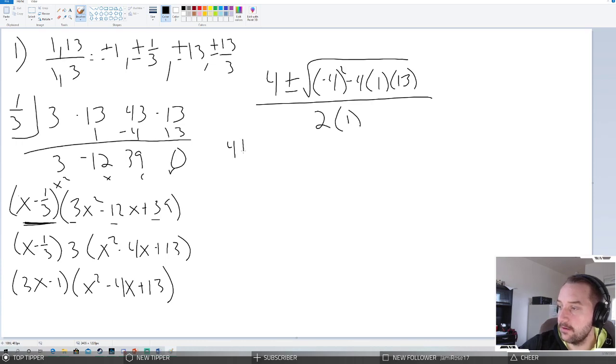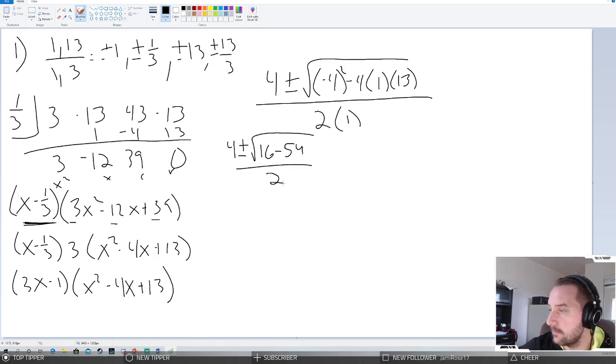So 4 plus or minus, I get 16, and then minus 4 times 13, 26 times 2. So that 54. Or 52. For some reason I had the 4 stuck in my brain.